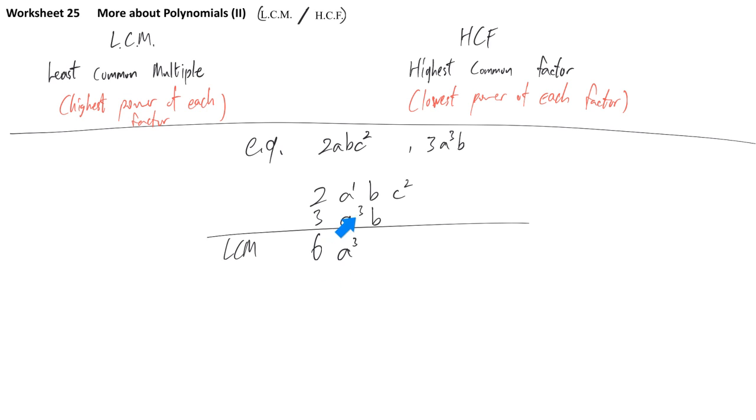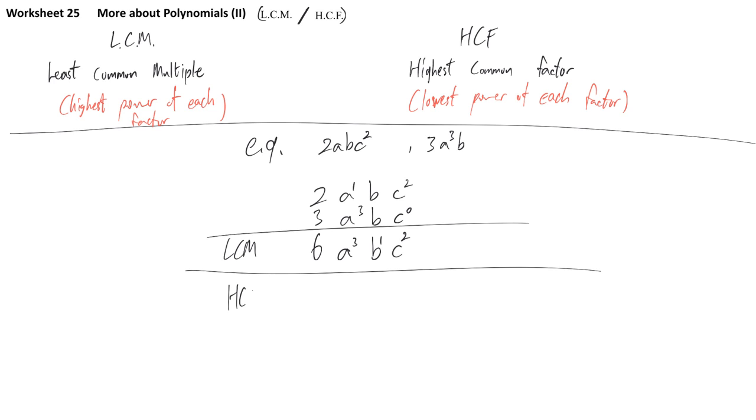So that a power of 3 can be divided by a power of 3 here. And then b power of 1, b power of 1, so we choose b power of 1. And c power of 2, if we really need to write nothing here, that means c power of 0, because c power of 0 represents 1. Among c power of 2 and c power of 0, I need to choose the higher power, that means c power of 2. That's how you get the LCM.